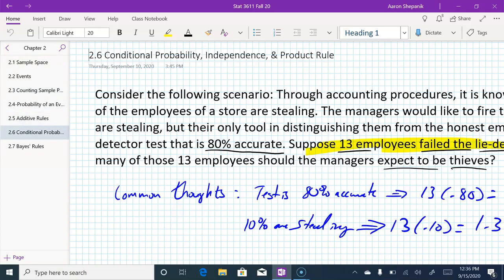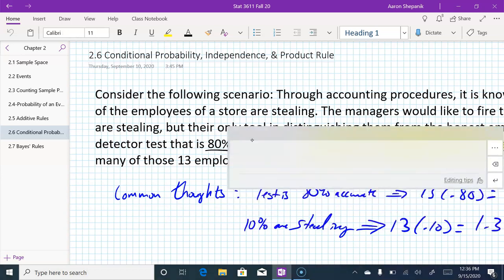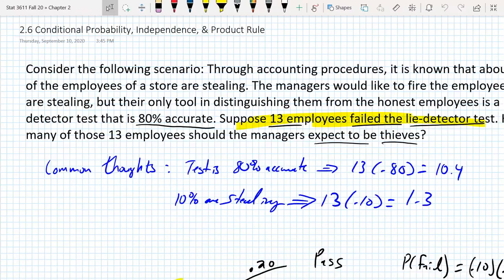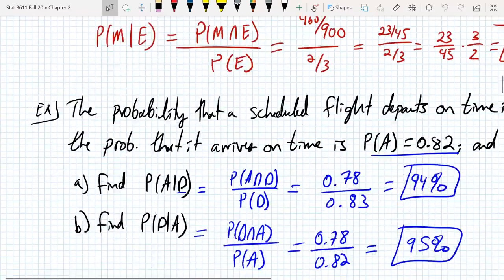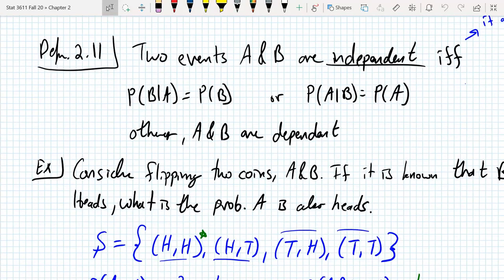Where's independence? Definition 2.11. Two events A and B are independent if and only if the conditional probability.